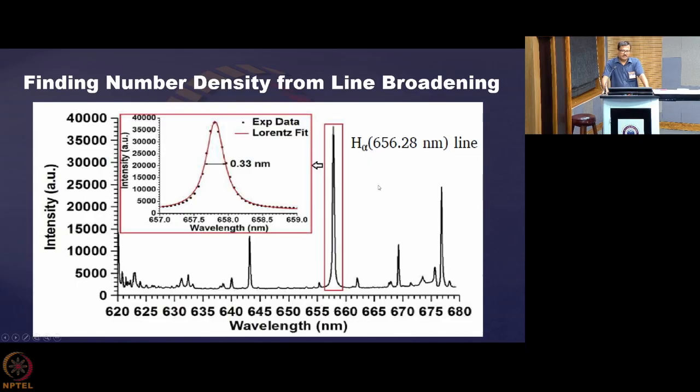Now probably you are wondering where you will get this H alpha in any emission from gas. Actually, this kind of broadening can be seen for any line that is getting generated from the system in general, but for this H alpha line, the parameters for the broadening are very well known.